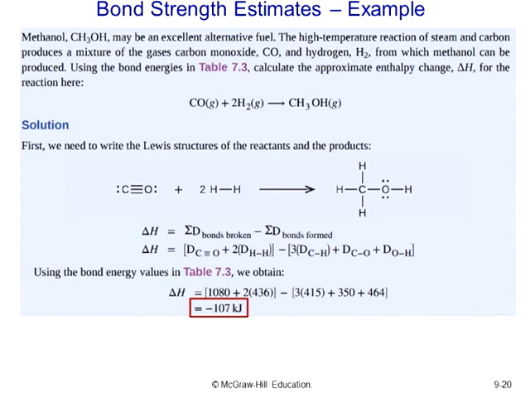And 1 oxygen hydrogen bond is formed. We look on the appropriate tables and we put those values in, and we obtain a delta H for the process of carbon monoxide plus 2 moles of hydrogen gas to give methanol of negative 107 kilojoules.